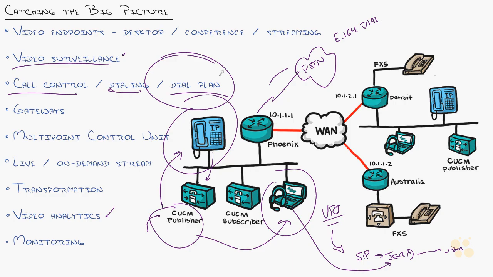That's the whole big picture of that call control entity, is you have to implement that plan, whether it be E.164, whether it be URIs, whether it be an internal extension range, like where I say Phoenix is 1XX extensions. You know, we're going to use 3-digit numbers. Australia will be 2XX, and then Detroit will be 3XX.